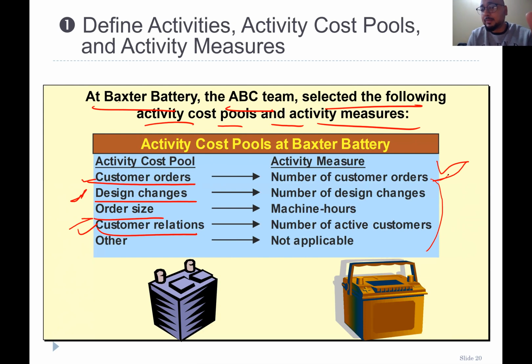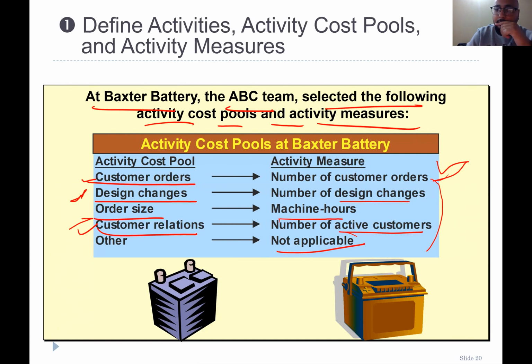Design changes are measured based on the number of design changes. Order size will be measured based on machine hours. Customer relation, the number of active customers, and others not applicable, only cost.